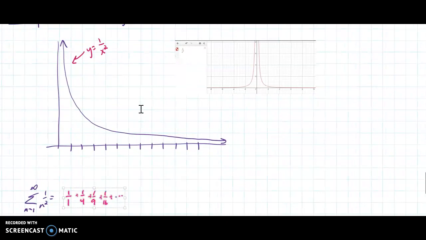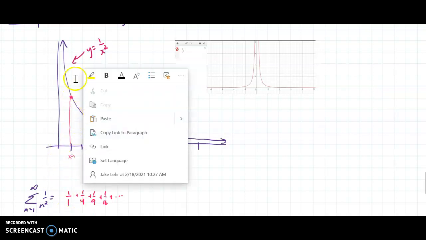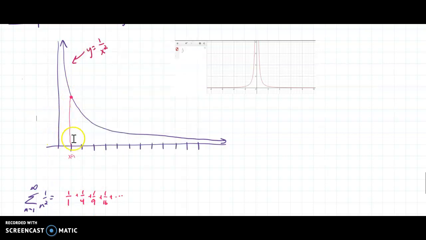I'm going to change colors. All right, so look, these values right here. If this is 1 over x squared, then 1 over 1 would be the height right here at x equals 1. This is the height of this graph at that spot. And then this would be 1/4, right?